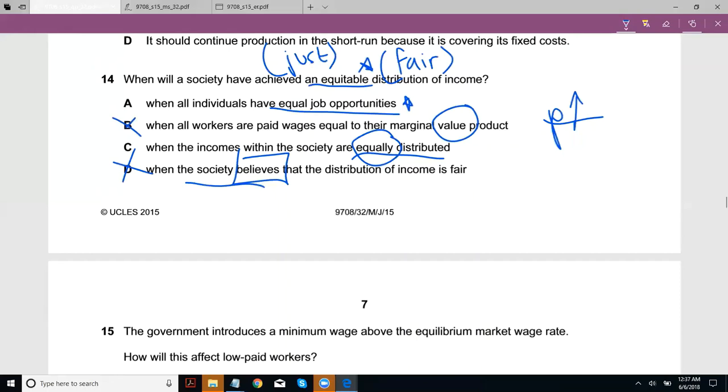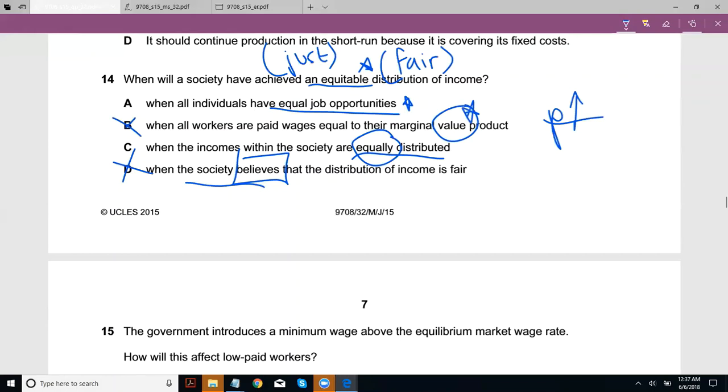So that's why I crossed out B, because it's not just your productivity. The MRP doesn't just depend on your marginal physical product; it also depends on the price, or the value in this case. Just because of the nature of the product, you could be working as hard, but someone else is getting paid more because they work in an industry whose product just has a higher price or higher value.